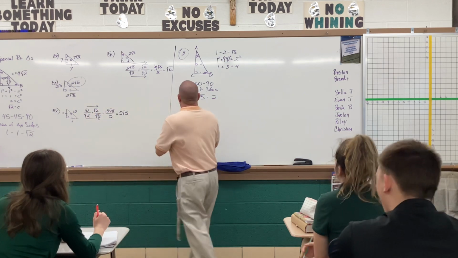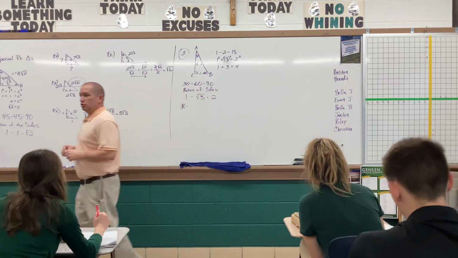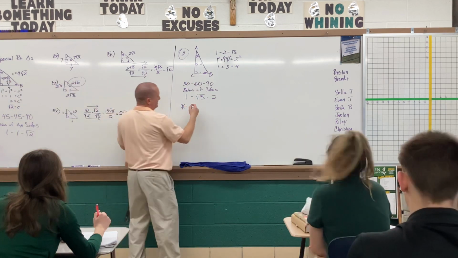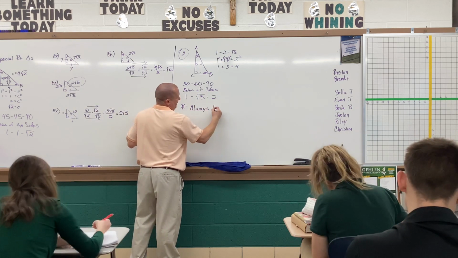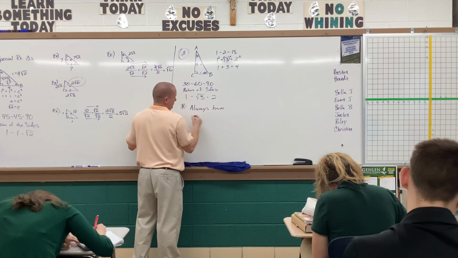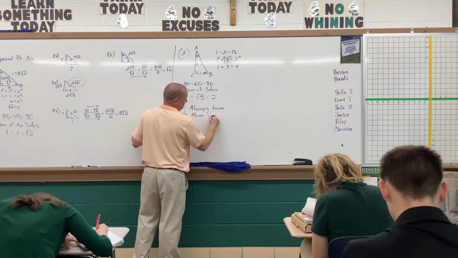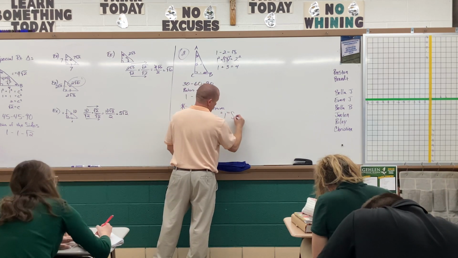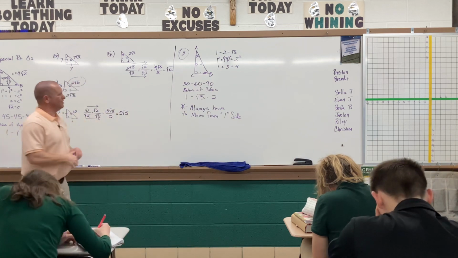So the biggest thing that's confusing about the 1, 2, square root of 3 part is that you always have to move from the one side. Okay? So what I'm saying here is this.